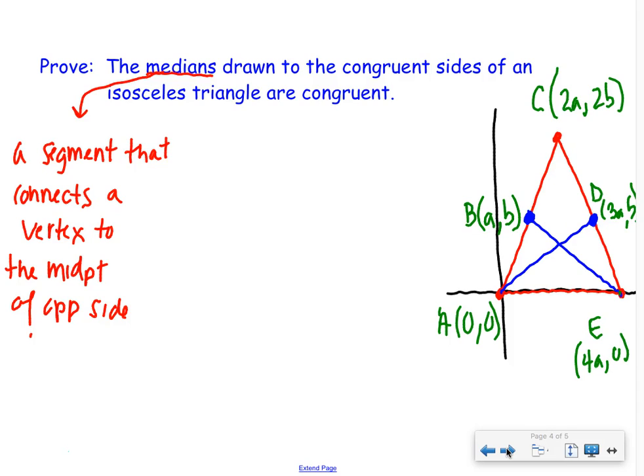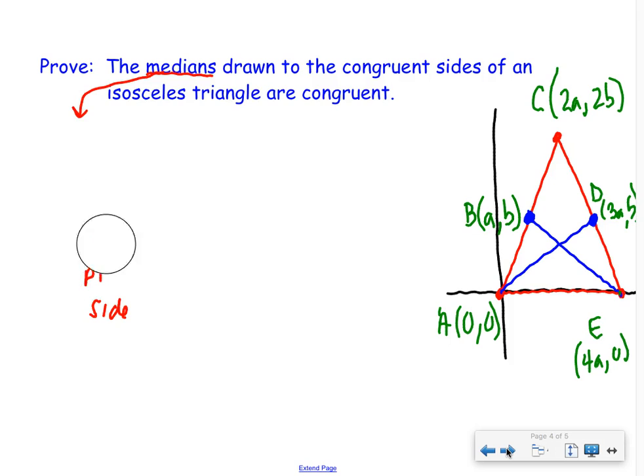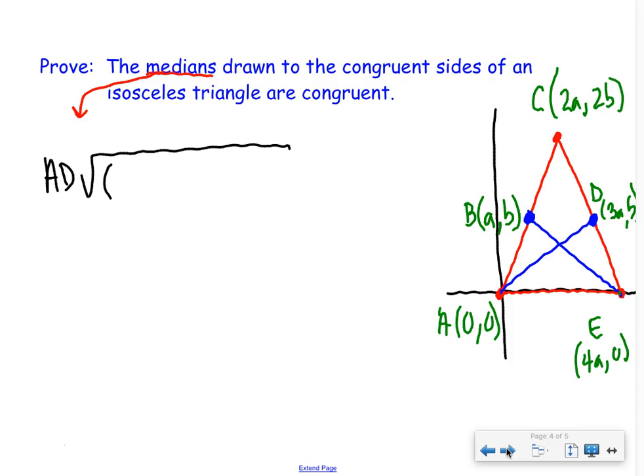Now if I want to show they're congruent, what formula am I using? The distance formula. So let's first find the distance A to D. Let's make D our x2, y2.